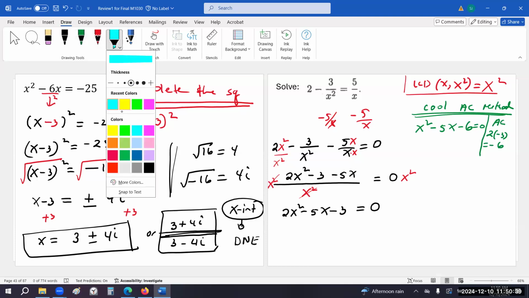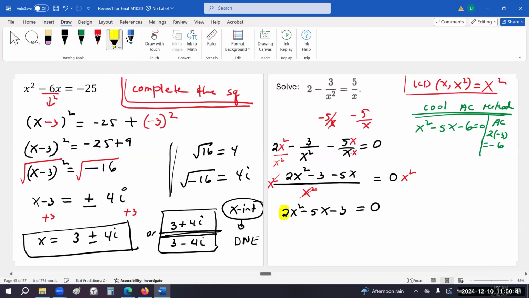We disappear the coefficient and we rewrite the C term. The C term becomes AC and the coefficient is not there anymore. And then we factor. What two numbers multiply to -6 and combine to -5?